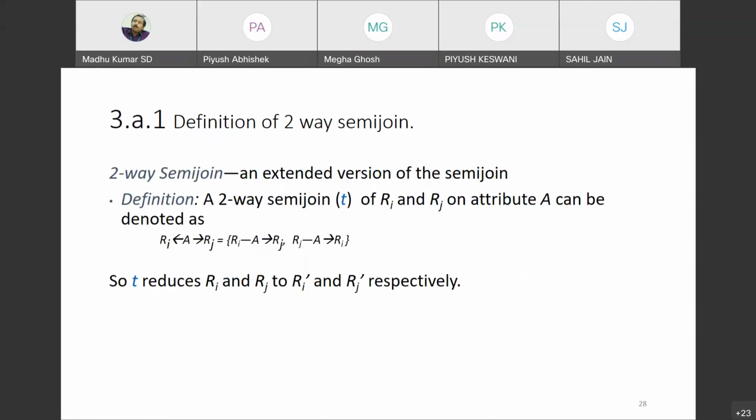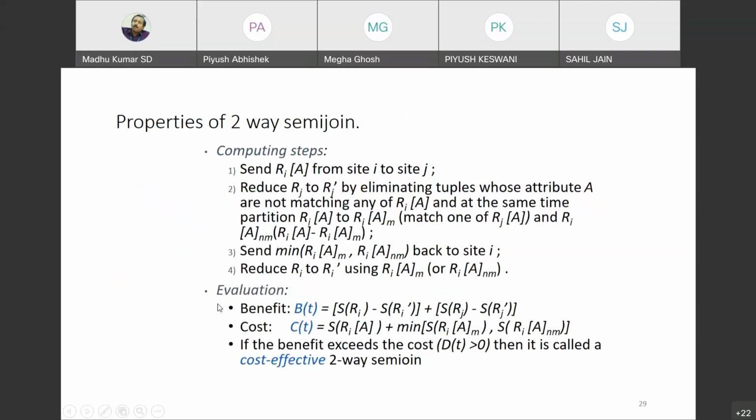Now the two-way semi-join is an extended version of the semi-join, on an attribute, and can be denoted like this. First send the common column to Ri, and then it is sent to Rj. So we have seen it with an example.